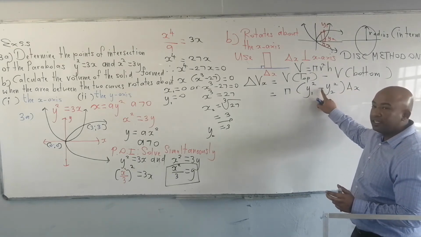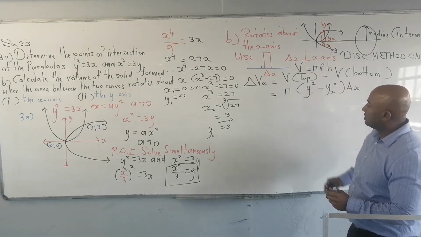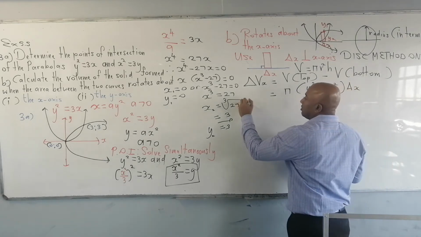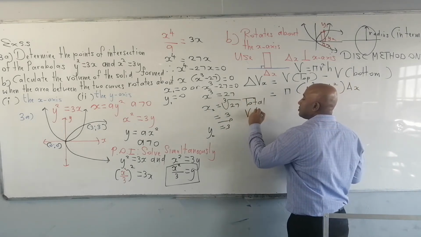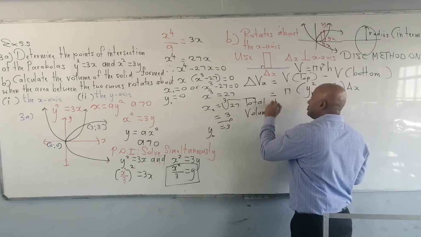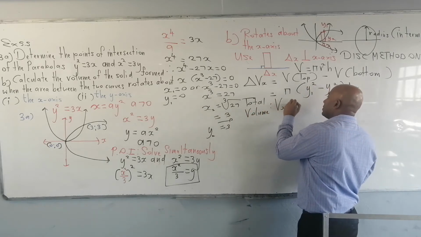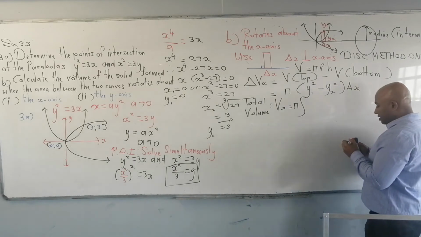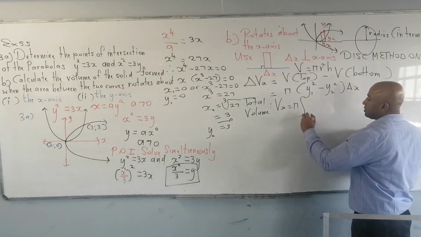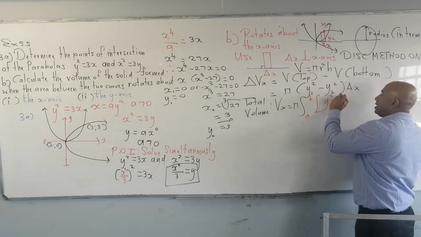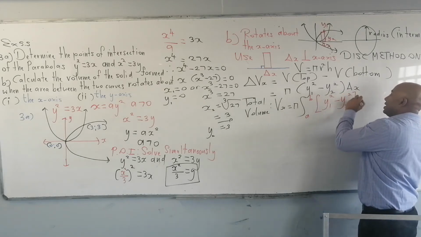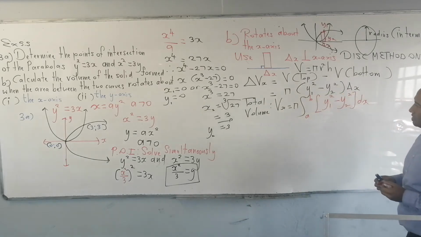Right, so now the total volume: we're integrating from a to b of pi times y1 squared minus y2 squared delta x.